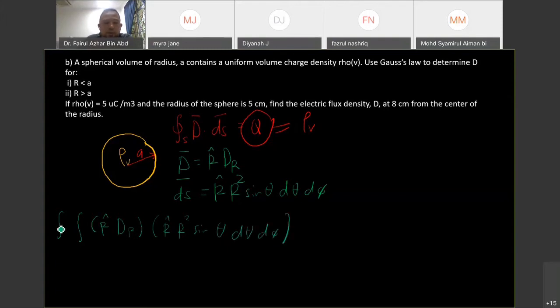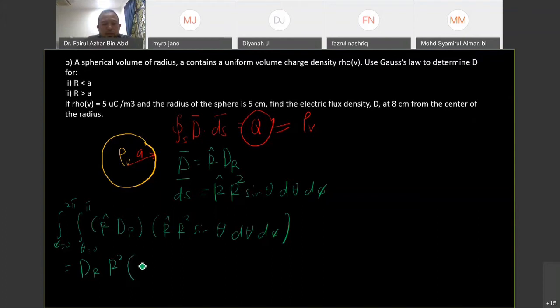The limits are theta from 0 until pi and phi from 0 until 2 pi.